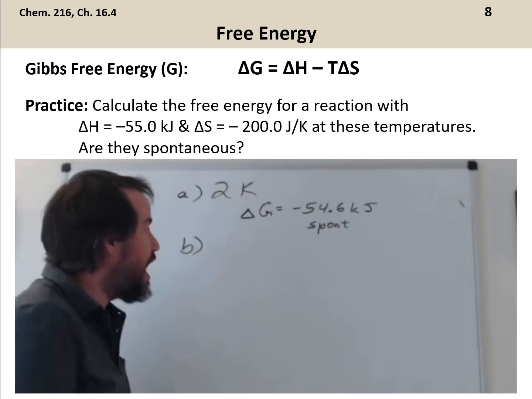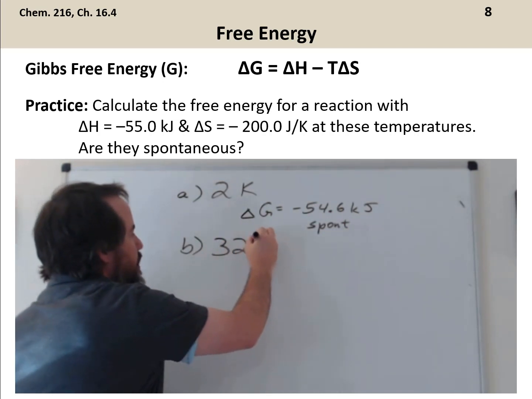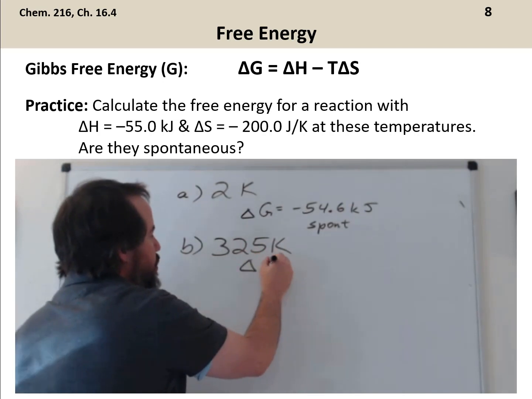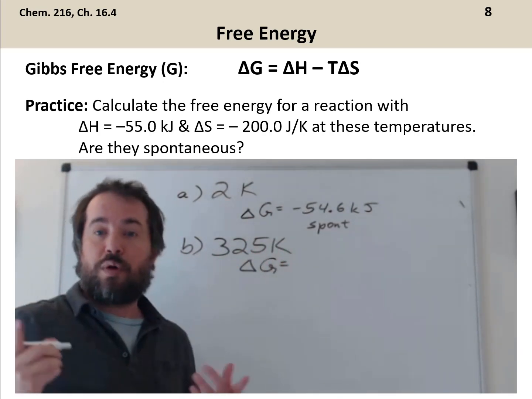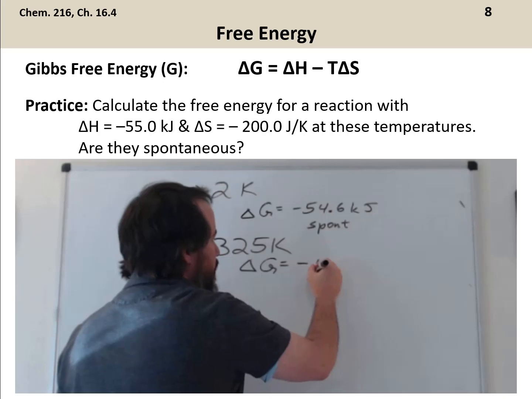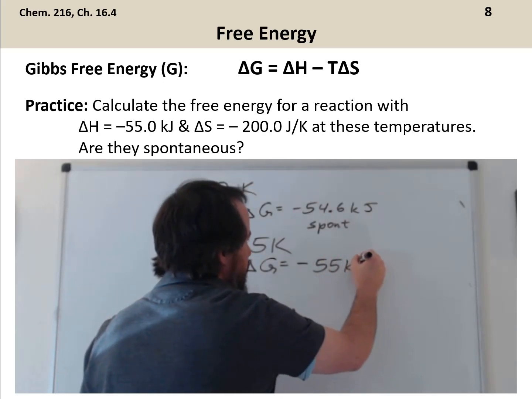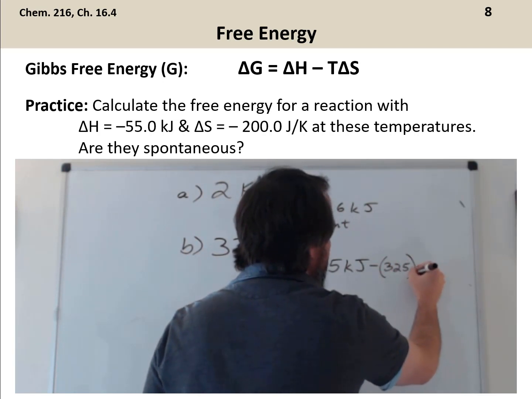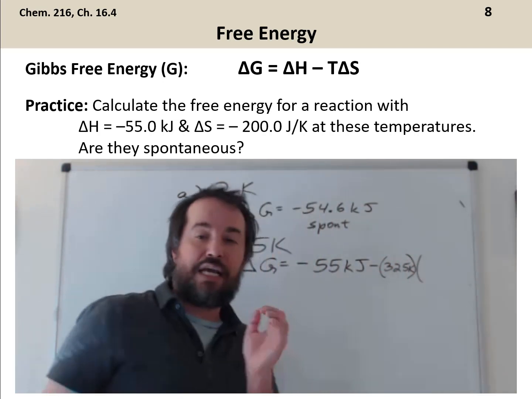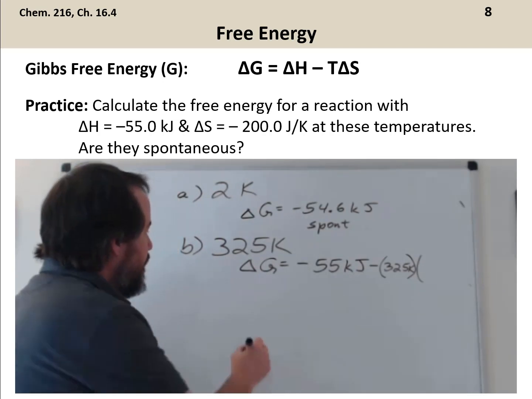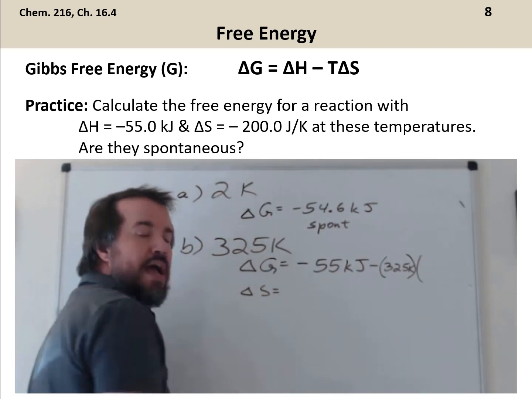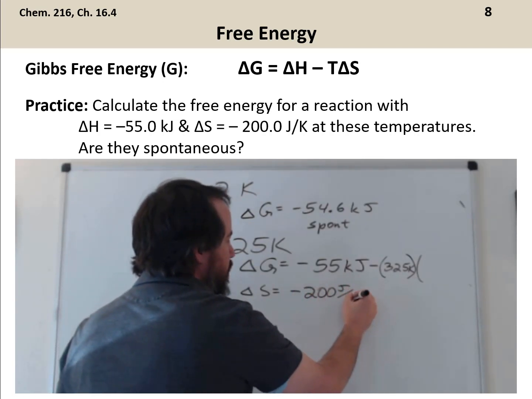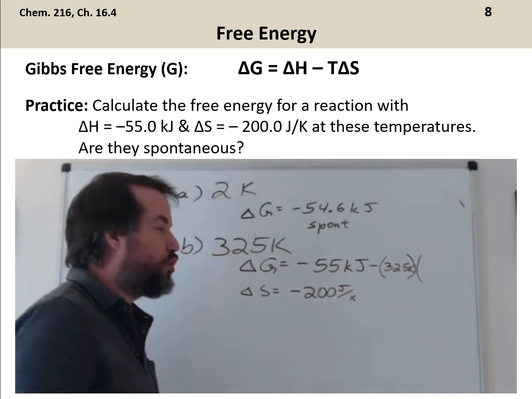Okay, let's move on and let's do part B. In part B, we're now at 325 Kelvin. At 325, I do my work. My delta H remains the same. And then I minus 325 Kelvin. And I'm actually going to do something. I'm going to take my delta S and I'm going to convert it before I use it from joules to kilojoules.